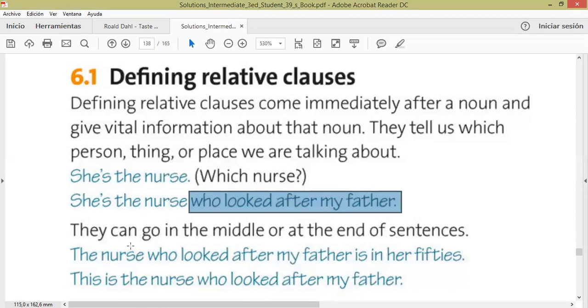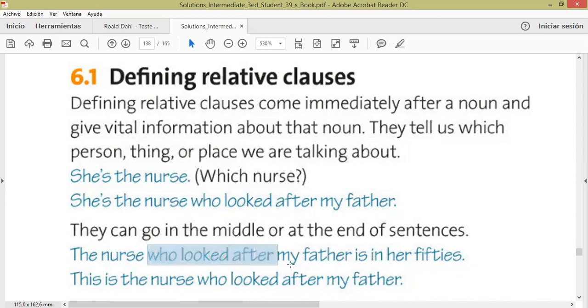Let's continue. They can go in the middle or at the end of the sentences. Example. The nurse who looked after my father is in her 50s. In this case, the defining relative clause is right in the middle of the sentence.